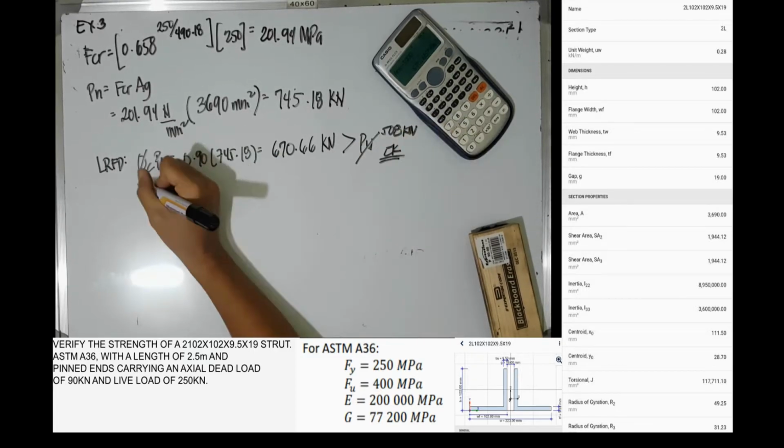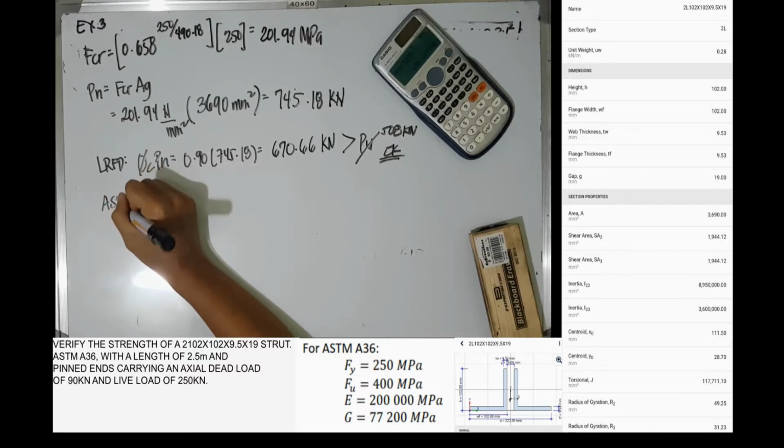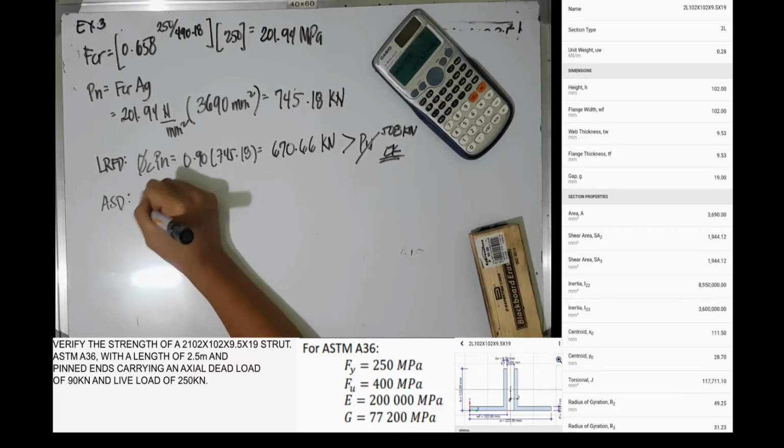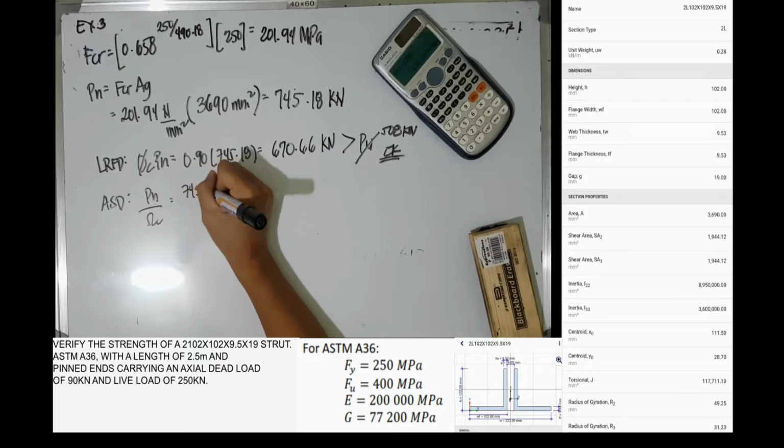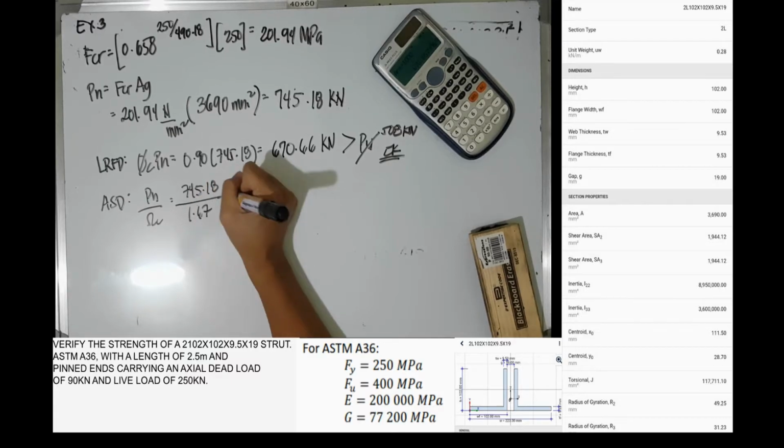And then for ASD, dividing the Pn with the omega or the safety factor for compression, which is 1.67.